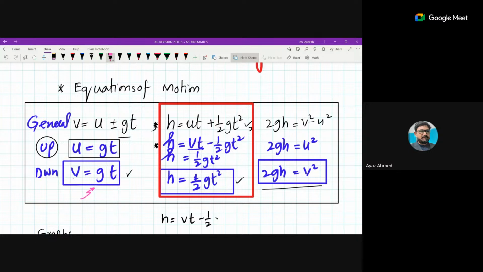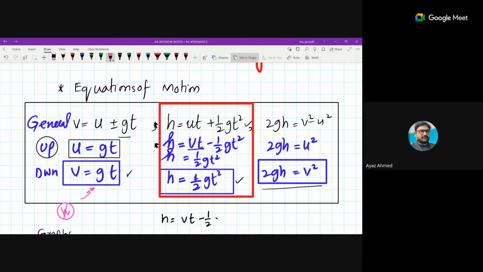Then in the second case, when distance or height is not given to you, either initial speed or final speed is given to you. So you will use the equation s equals ut plus 1 by 2 at square.